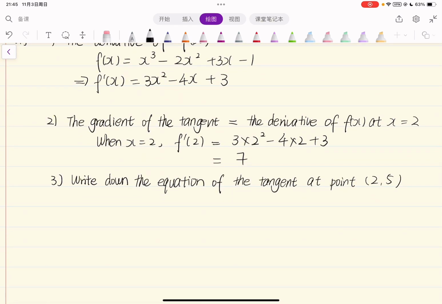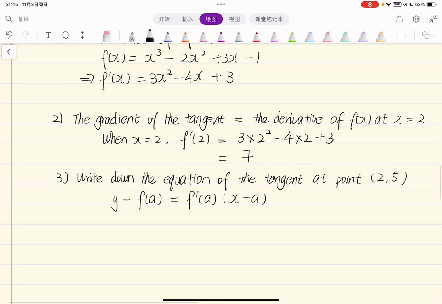We know that the equation in general is y minus f(a) equals f dash a times (x minus a). So we substitute values into this equation. We have y minus 5 equals 7 times (x minus 2).